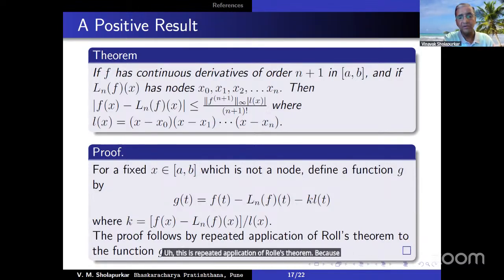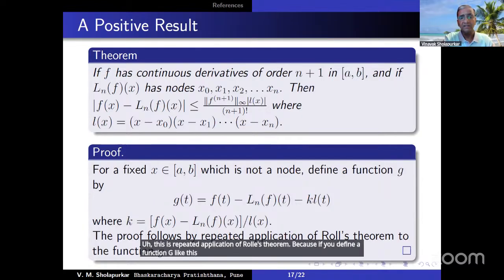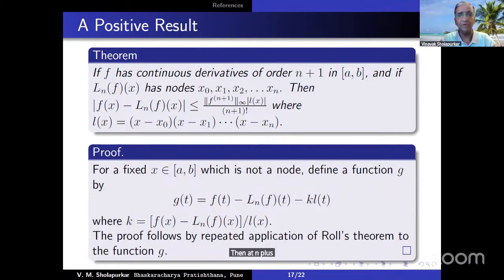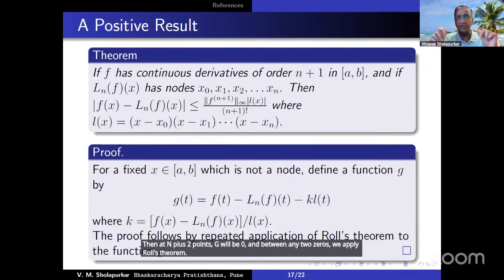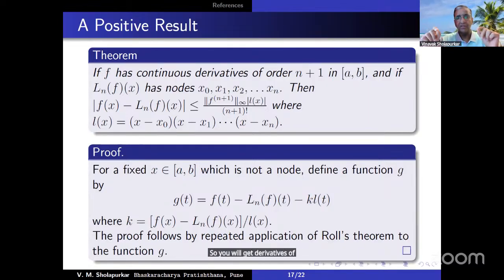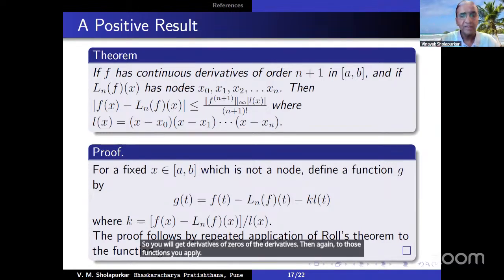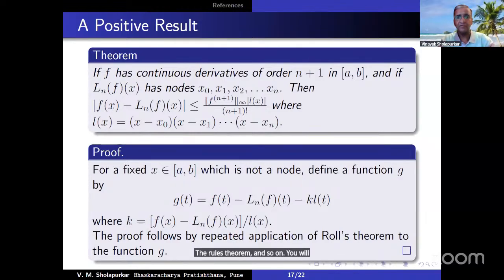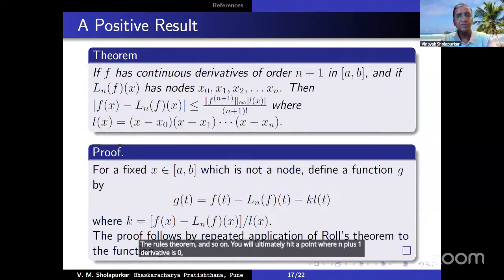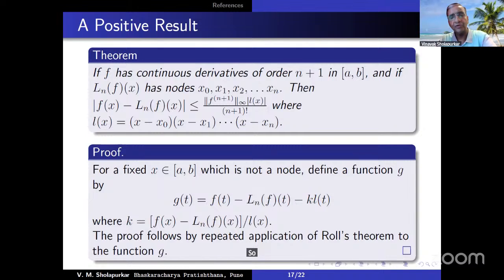Because if you define a function g like this, then at n plus 2 points g will be 0, and between any two zeros you apply Rolle's theorem. So you will get zeros of the derivatives. Then again to those functions you apply Rolle's theorem, and so on. You will ultimately hit a point where the (n+1)th derivative is 0. So what I want you to focus on is this bound and the function L(x).